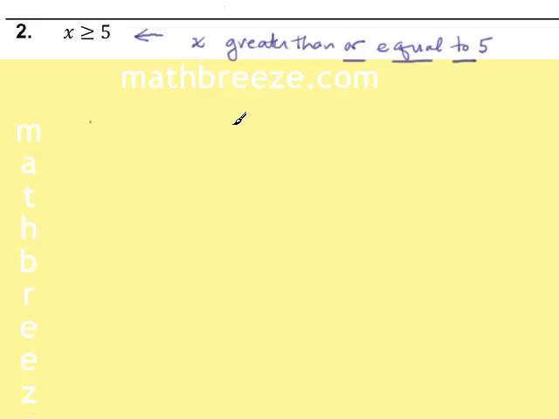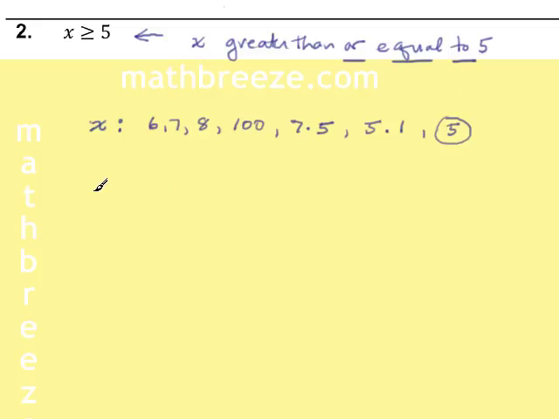In other words, x can be equal to 5 this time. Let's write down some possibilities for x. Numbers that are greater than or equal to 5, like let's say 6, 7, 8, 100, 7.5, and 5.1, and also 5 itself, because 5 is equal to 5, so 5 is included.